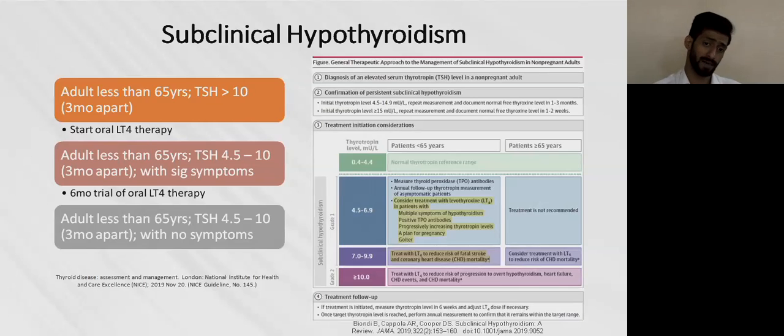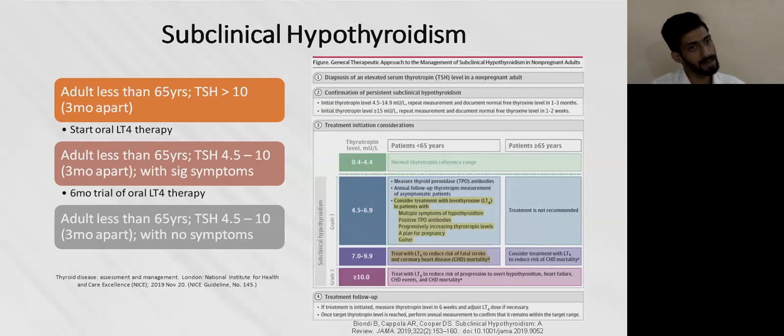If you have an adult with subclinical hypothyroidism, unless they have significant symptoms, the diagnosis should be confirmed by repeating a thyroid function test after 3 months, and you should still have subclinical hypothyroidism. That is when you call it subclinical hypothyroidism, not at the first value. At the first value, there can be thyroid in transition.